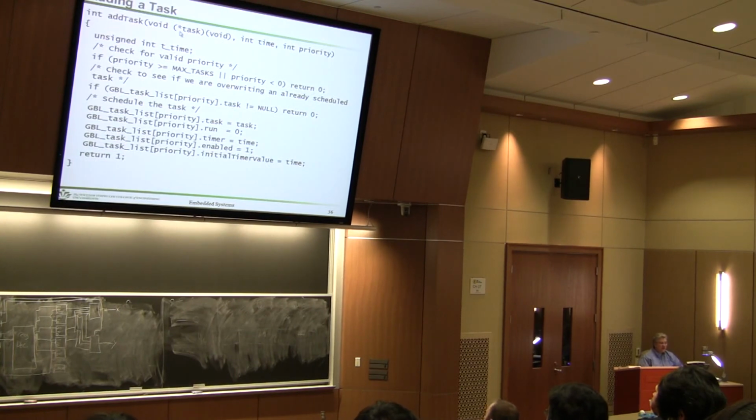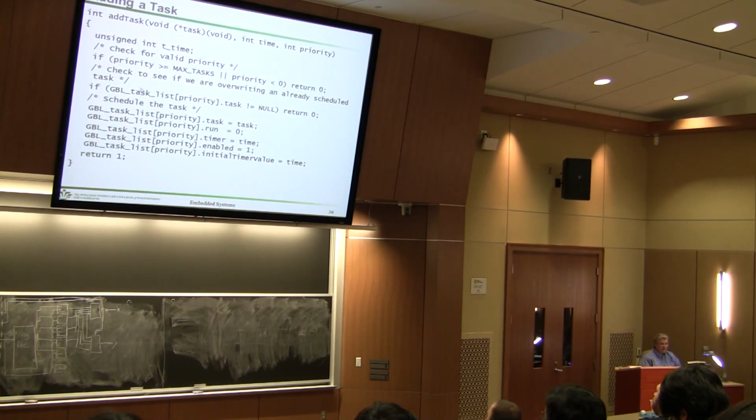So when you identify that you're going to add a task, first thing you do is you check to see if the priority that you passed into this function exists. And if it's okay, in other words, if the priority is valid and it's null, then you can go ahead and schedule the task. Here you're scheduling the address of the function, you're setting it to not run, here's the default time that it's going to run, it's enabled, and then the initial timer value.